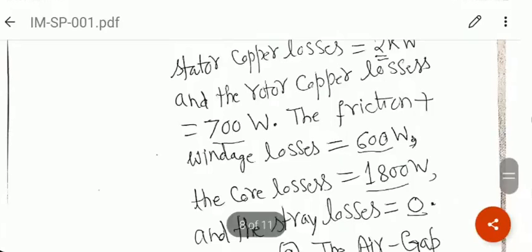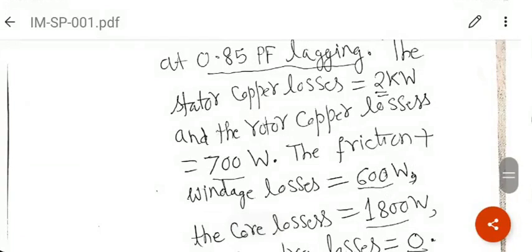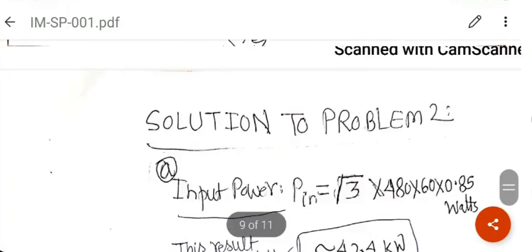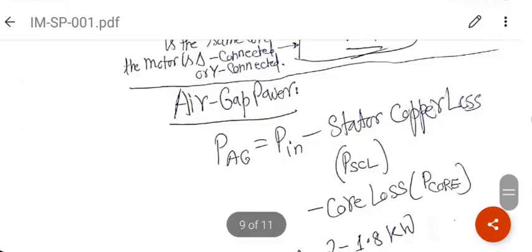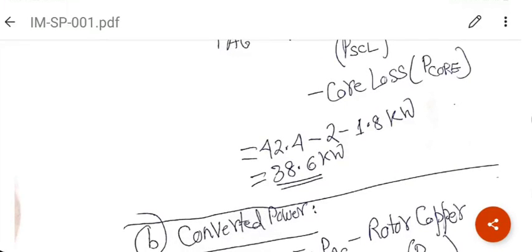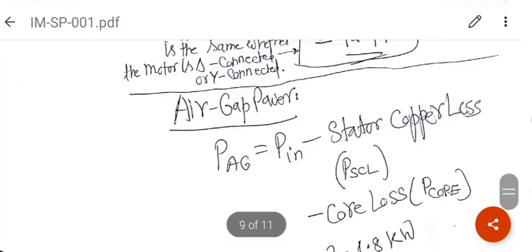Stator copper loss, wait, 1 minute. Stator copper loss is 2 kilowatt, right? And core losses are 1800 watt. So let's make sure these numbers are correctly taken here. Yeah, 2 kilowatt and 1.8 kilowatt. So from 42.4 kilowatt, you subtract 2 kilowatt and 1.8 kilowatt to get the air gap power.